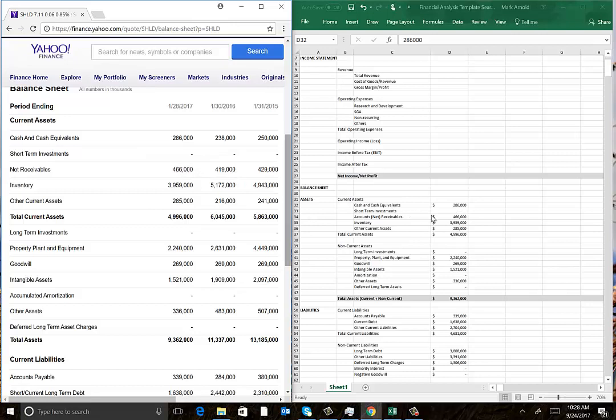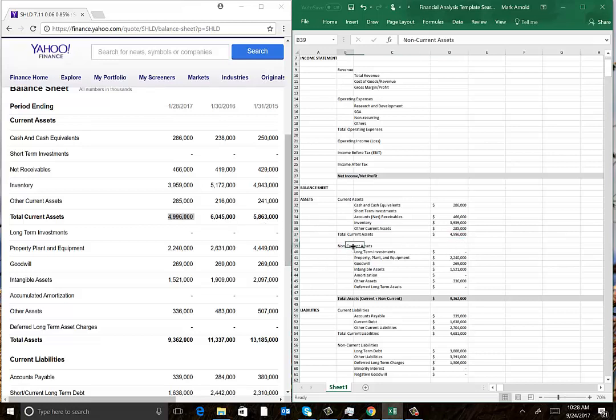Net receivables 466 right there, okay. Inventory 3,959,000 right there. Other current assets 285, and then take this number here and just enter it right there. Don't sum these, because oftentimes it's going to sum to a different number, okay.